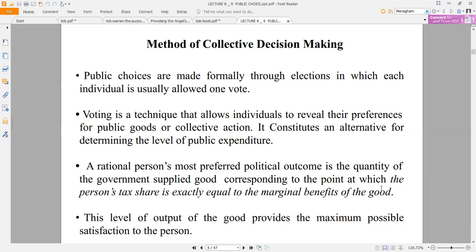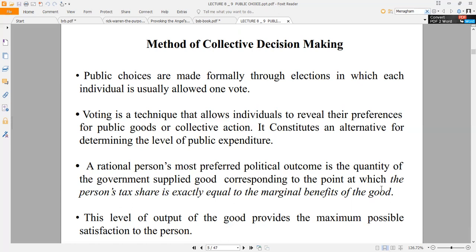We try to reveal our preferences up to the point where your tax share, the tax share that you are going to pay for the production of that good, is exactly equal to the marginal benefit that you derive from that good. So you prefer a particular quantity of a public good when your personal tax share, the proportion of the public expenditure that you pay, will exactly be equal to the marginal benefit that you get from that particular good.